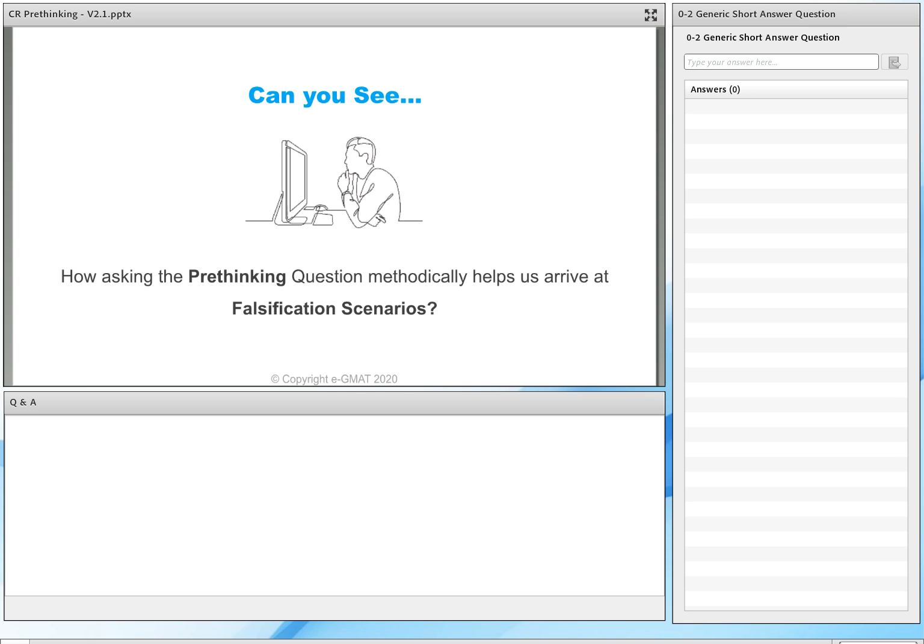We first understood what the conclusion was, then we built that logical structure, then we asked that falsification question, and assumptions jumped right at us. Right? We're going to use the same approach regardless of whether it's a causal argument or a predictive argument, regardless of the context or the structure of the question. Our approach to solving questions is not going to change.